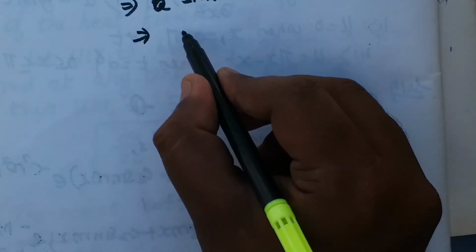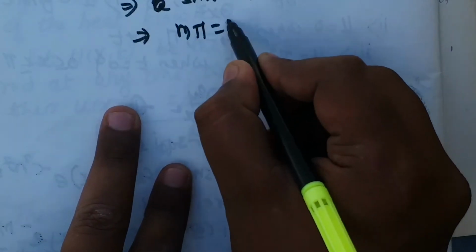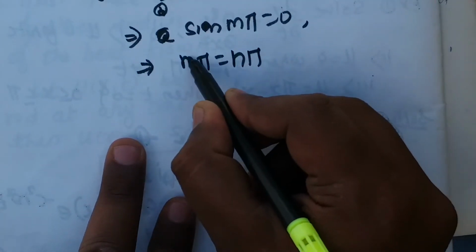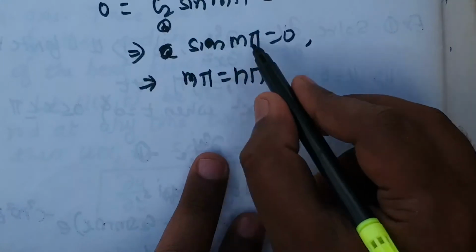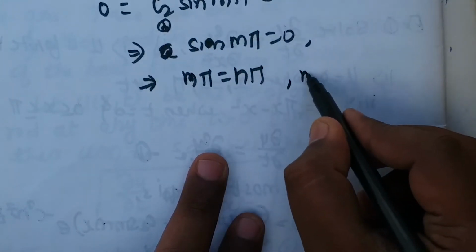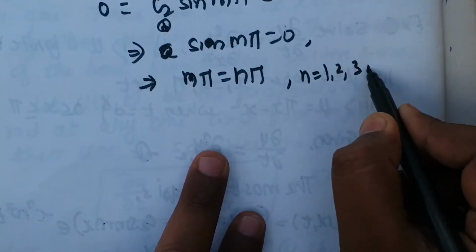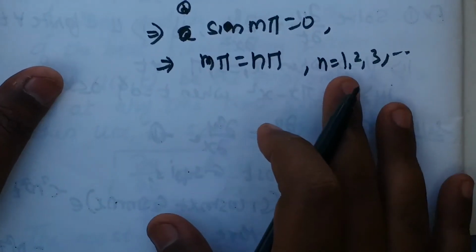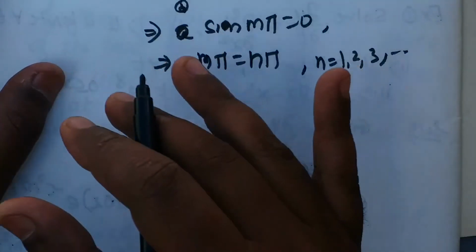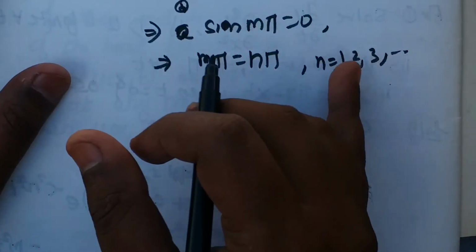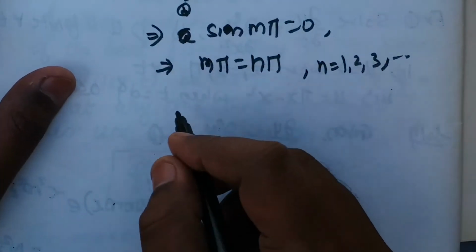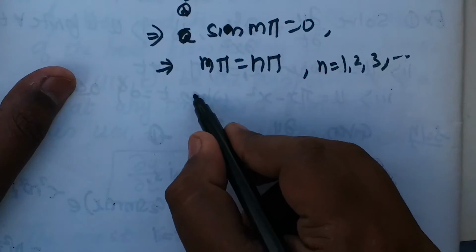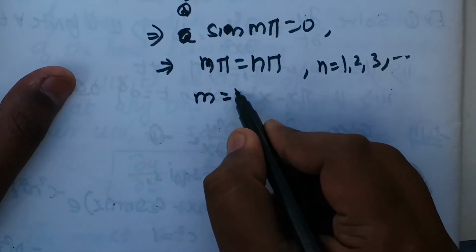Sine m pi equal to 0 means m pi equal to what? n pi. The angle has to be n pi, where n is 1, 2, 3 and so on. Even if you consider 0 it doesn't matter, but the series we are going to start from 1 to infinity, since for 0 we are going to get a 0 term. So m pi equal to n pi, this will imply m equal to n.